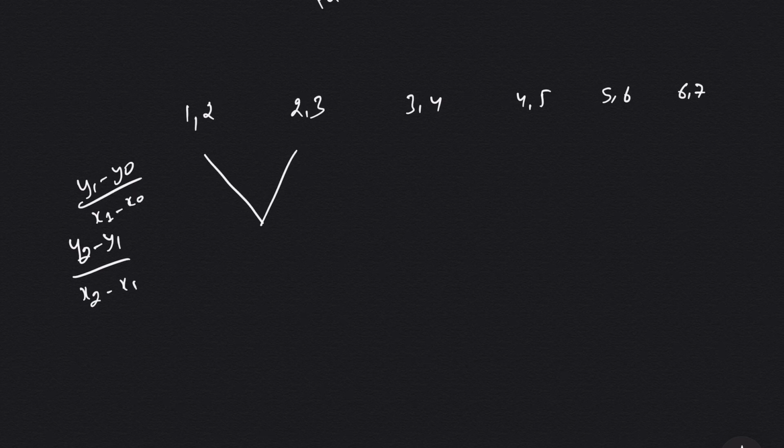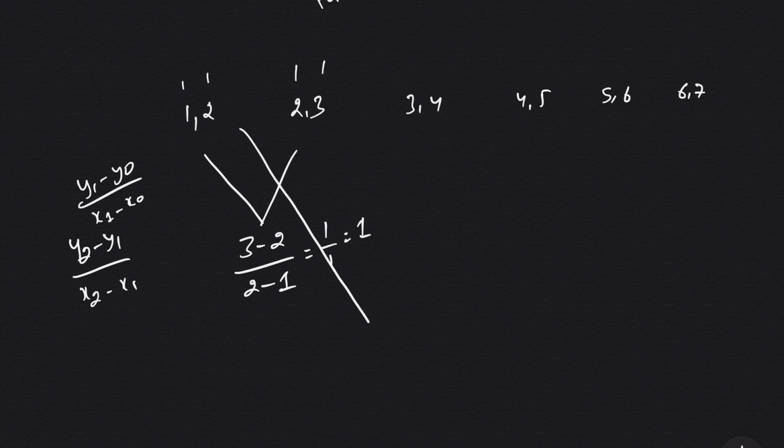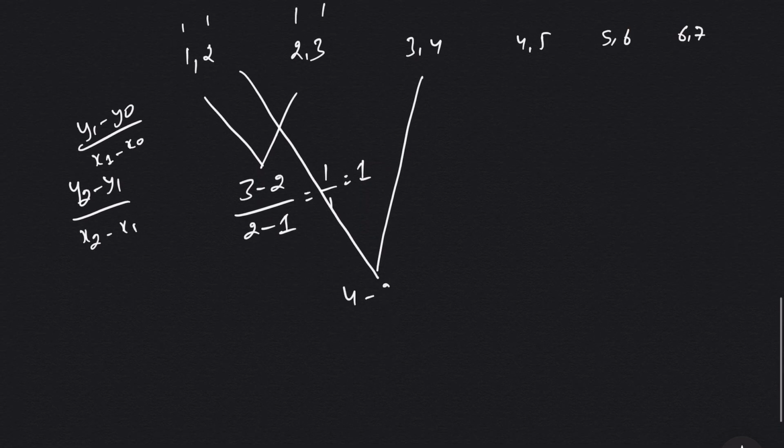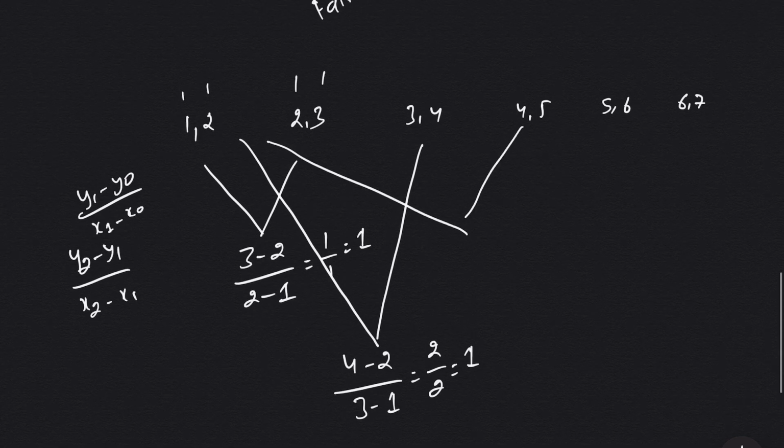So in this case, 3 minus 2 and 2 minus 1, which is 1 by 1, that is 1. And if I take out the slope of these two, that is going to be 4 minus 2 and 3 minus 1, that is again 1. If I take the slope of these two, 5 minus 2, 4 minus 1, again 1.